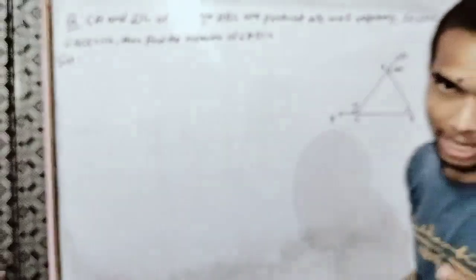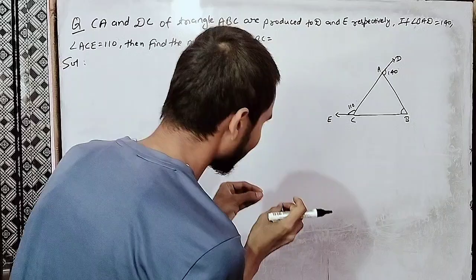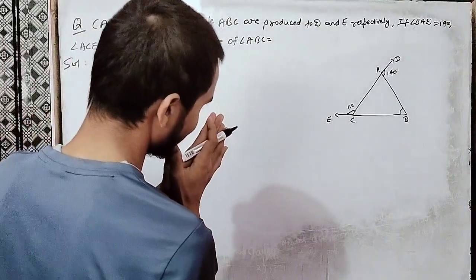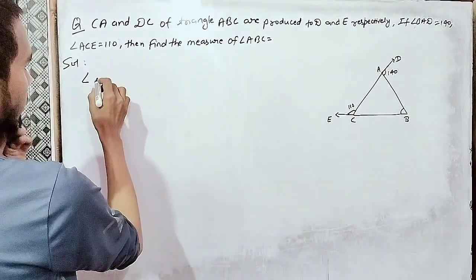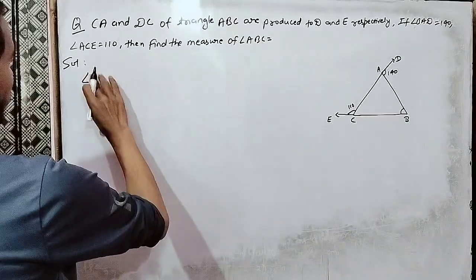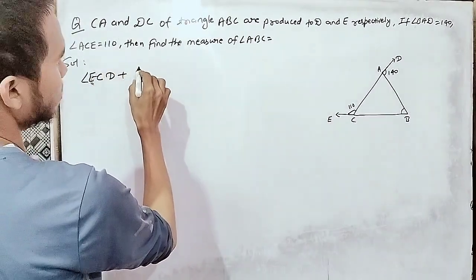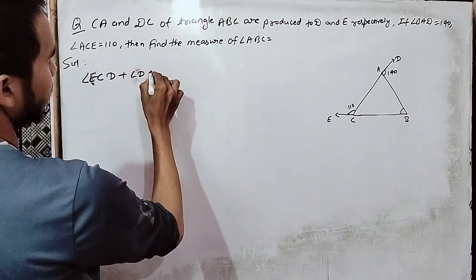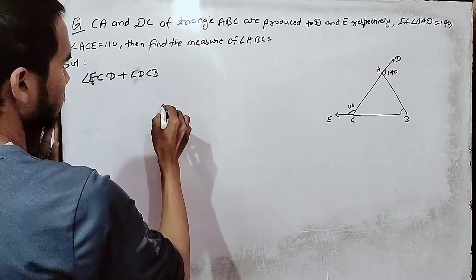So we have an option. ACB is a straight angle, which shows the sum of the two angles is 180 degrees. So ACD plus DCB. DCB is how much?